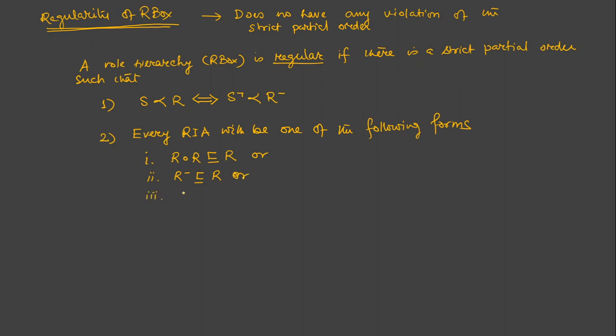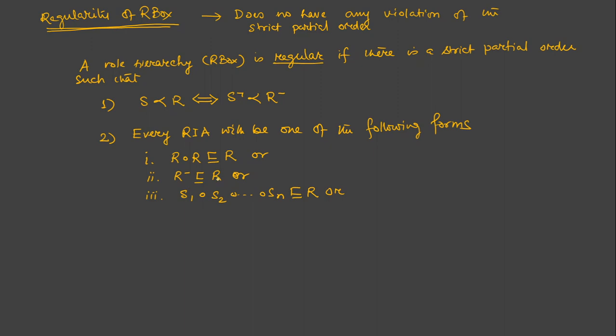the third case is S1, S2, then Sn. This should be the subproperty of R. So this is the general case, right?